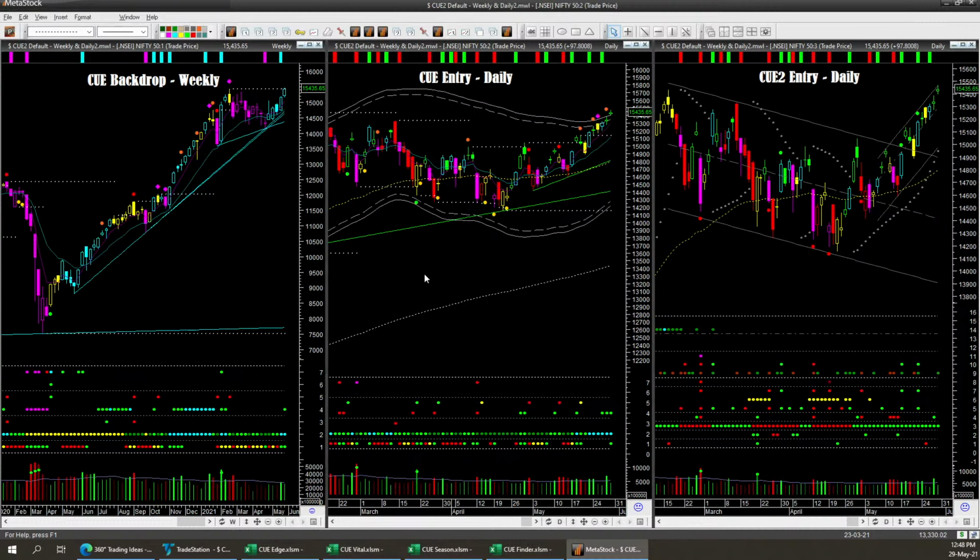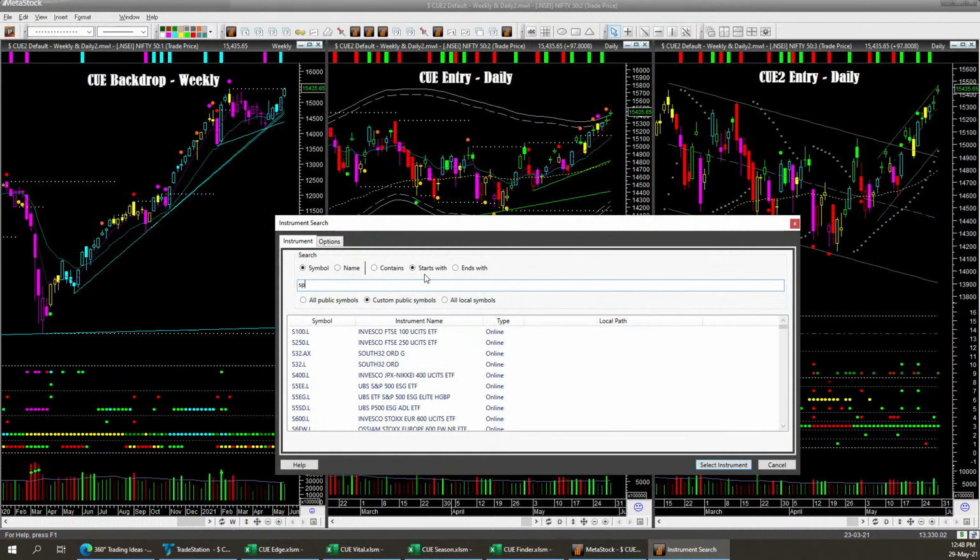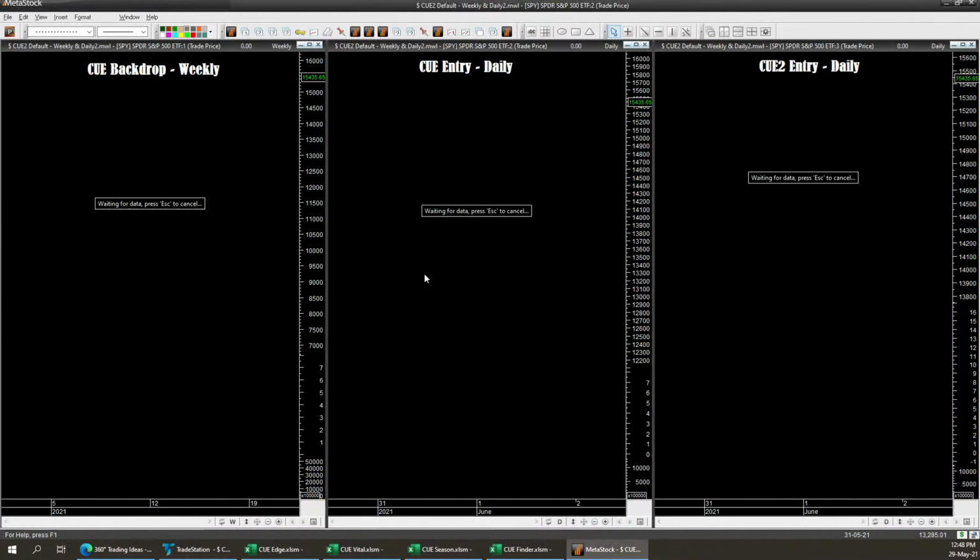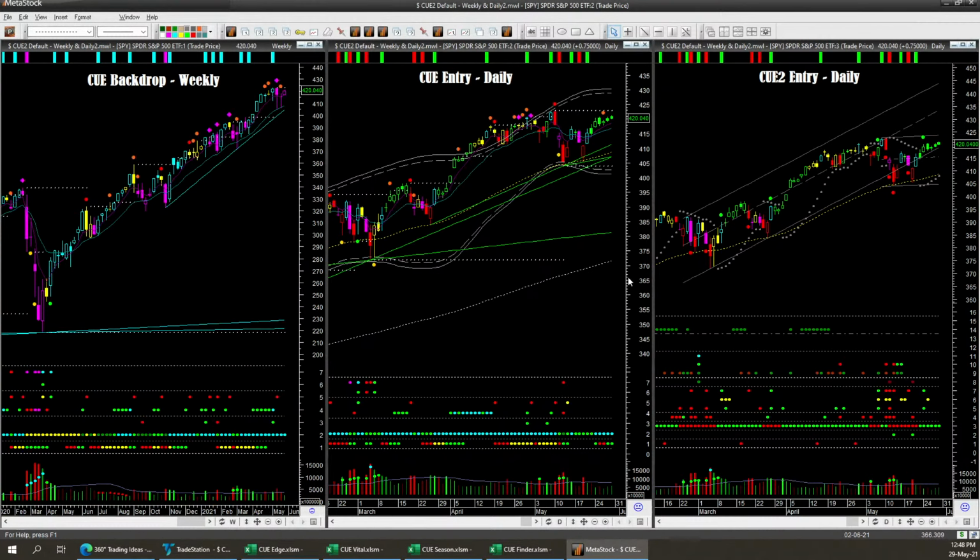Now is the time to look at the USA market. S&P 500 ETF, SPY. Interestingly, though the market went up this week, the backdrop color is remaining bearish. That is discouraging me from taking many long trades.